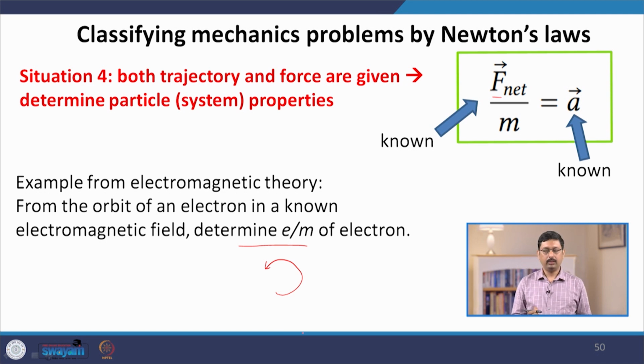The reason I mentioned this is that we have applied the first principle, that is Newton's law. Just by looking at Newton's law, we can think of these 4 types of situations that can arise. So now we have some idea about what kind of problems we may encounter in mechanics.